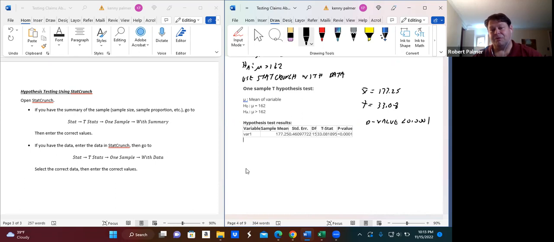So if we drew this, the picture is going to be similar to the last one we did. We have our mu, and way over here is our test statistic of 33.08, and then here's our p-value, which is less than 0.0001.